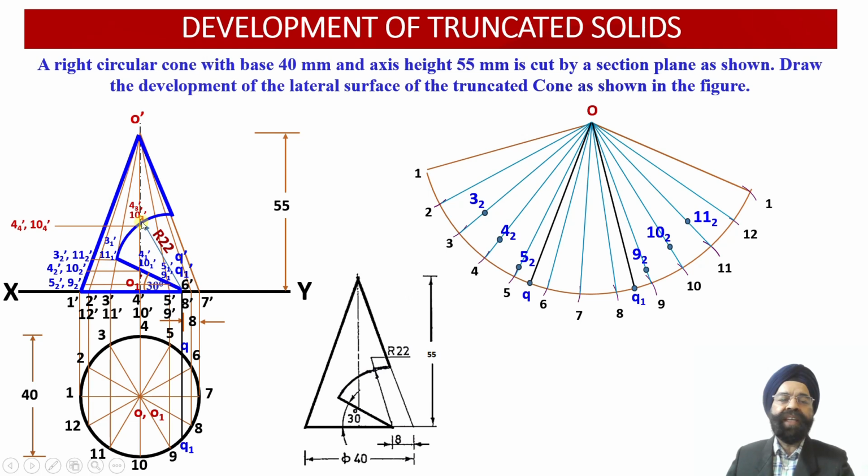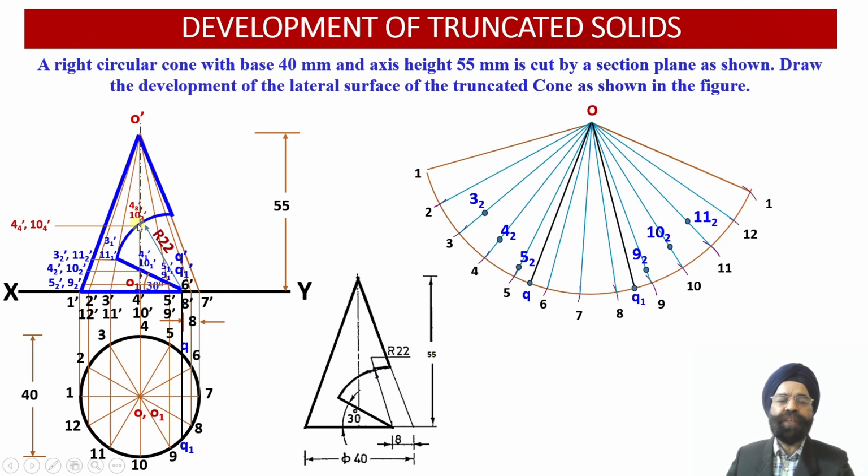So since the 2 generators O dash 4 dash and O dash 10 dash are again being intersected by the circular cutting plane, the points of intersection we have named as 4 3 dash and 10 3 dash over here. But again, these radii obtained corresponding to these 2 points of intersection onto the apparent length of the slant generators will represent apparent length of the radii.